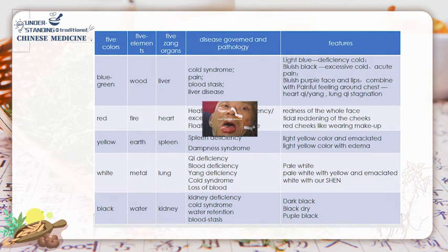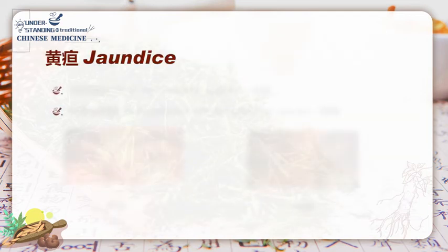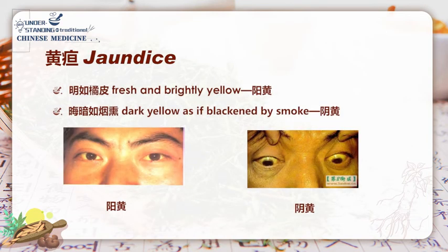By the same reasoning, white, or we call a pale complexion, generally refers to deficiency syndromes. The green-blue refers to cold syndrome, pain, blood stasis, and liver disease. The yellow color mostly refers to spleen deficiency syndrome or dampness syndrome.